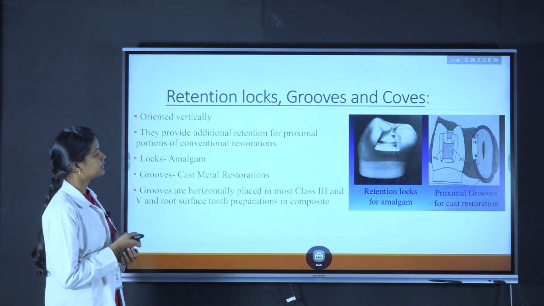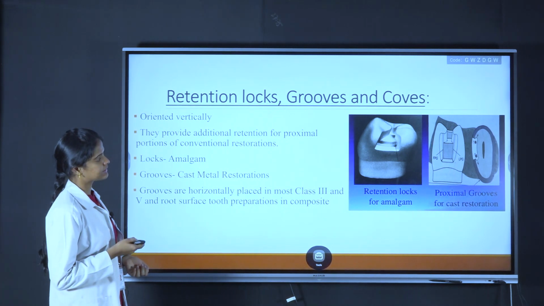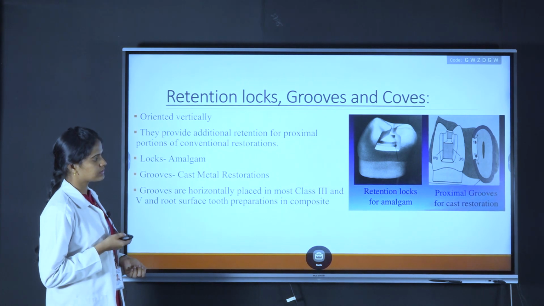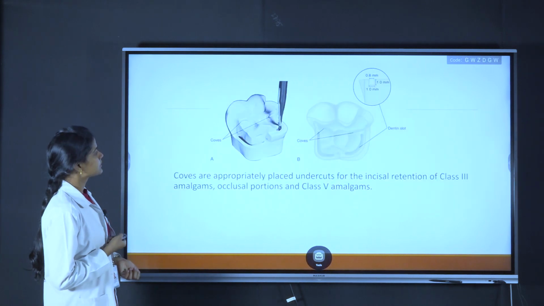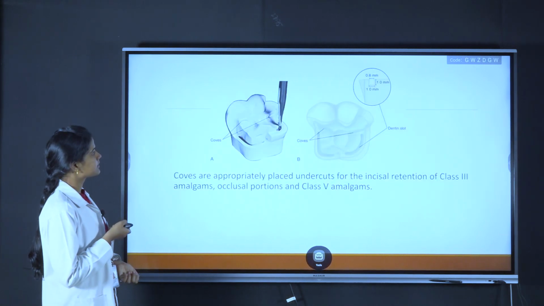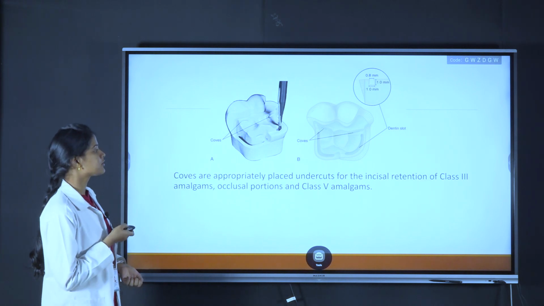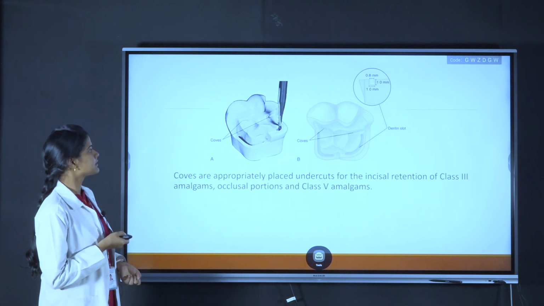So these are the retention locks, in the form of grooves which are placed vertically inside the cavity preparation. These are the vertical grooves that are placed in the proximal box areas. So these are the coves that are additionally given. These are appropriately placed undercuts for incisal retention of class 3 restorations and occlusal portions of class 5. If you see in this picture, these are the coves.